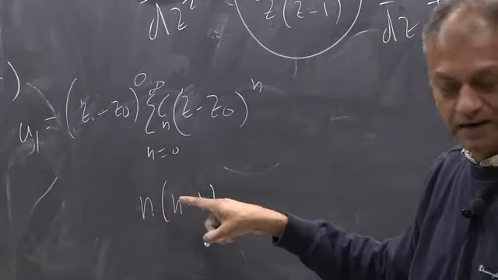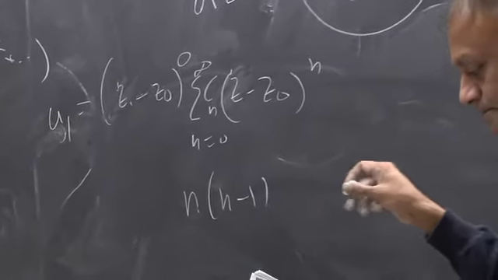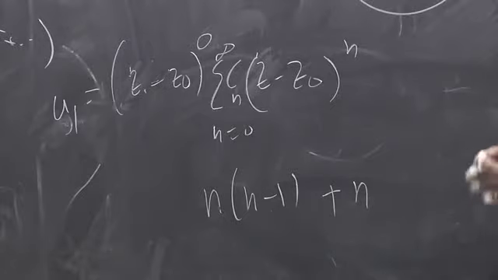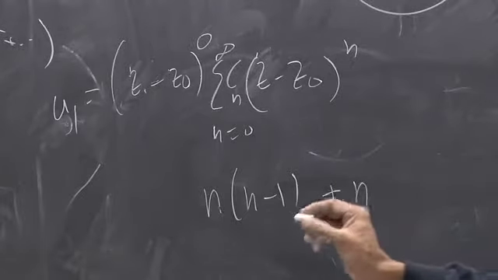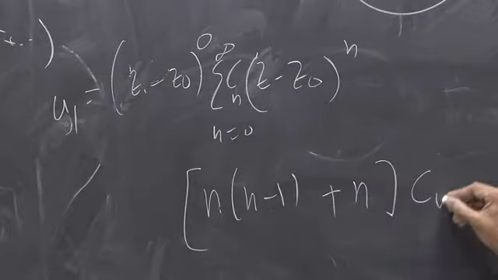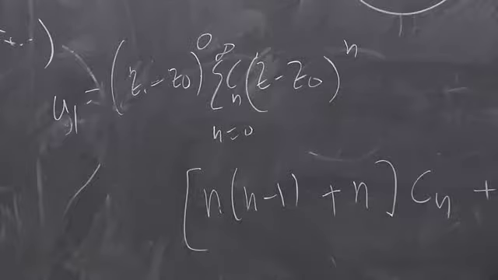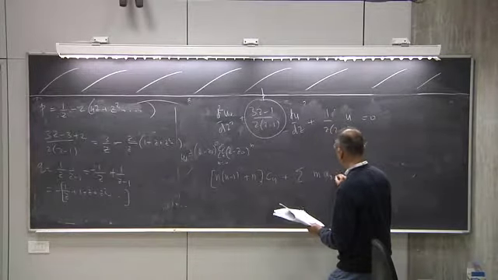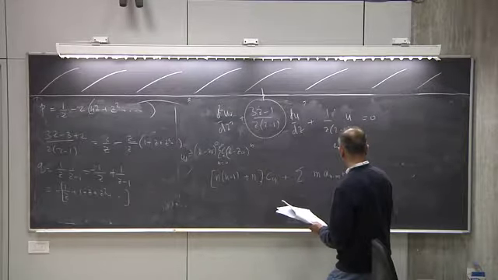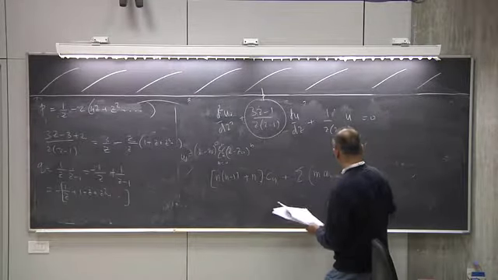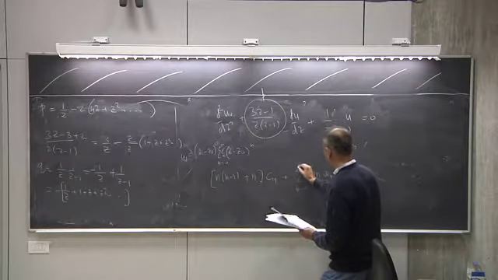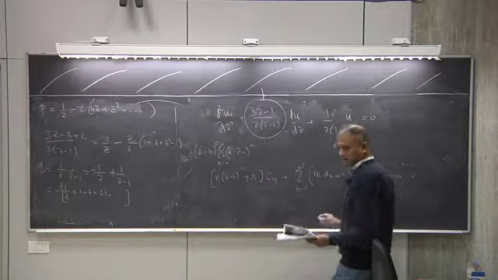Otherwise, it will be n plus r times n plus r minus 1, plus n a0. a0 is 1, so that's n, and b0 is 0. So this times cn, plus the sum of m plus r, again r is 0, so m a n minus m plus b n minus m, times cm, m equal to 0 to n minus 1. This is equal to 0 is our equation.